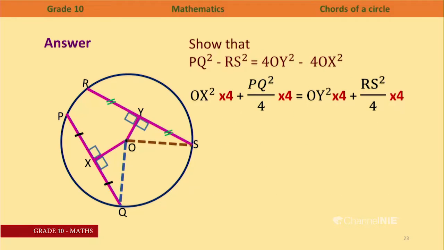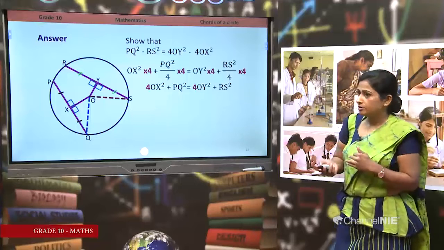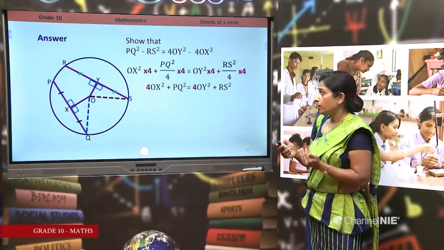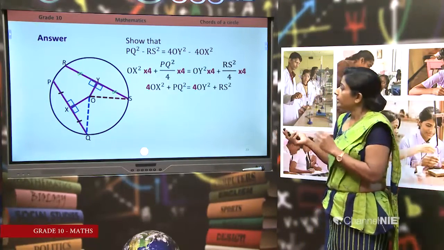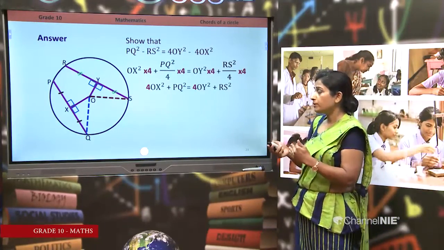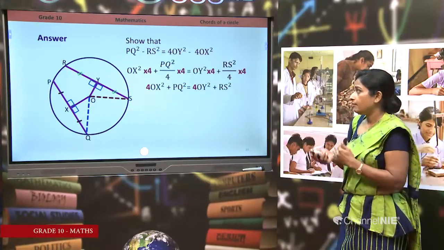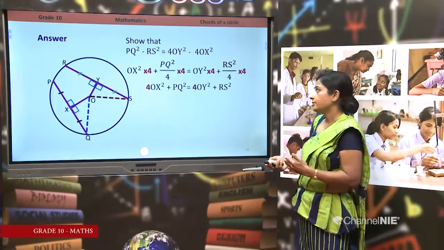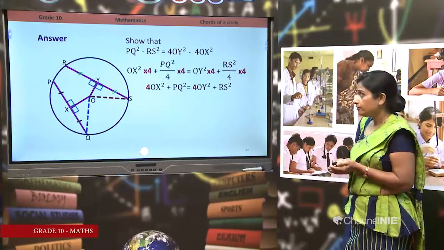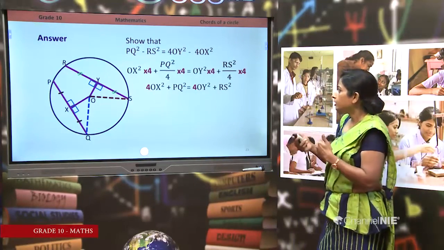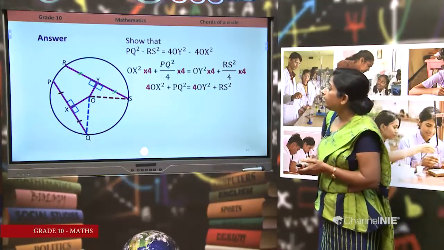When we multiply, we get 4OX squared plus PQ squared, because we can cut the denominator 4 with the multiplied 4, equals 4OY squared plus RS squared.